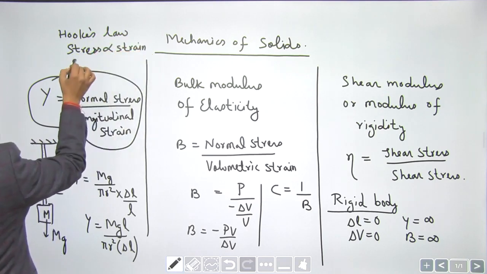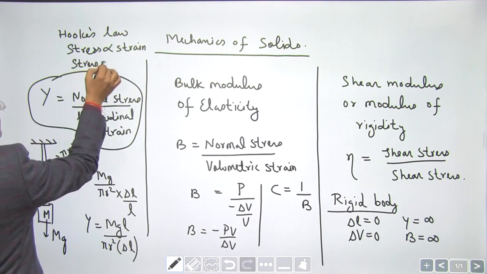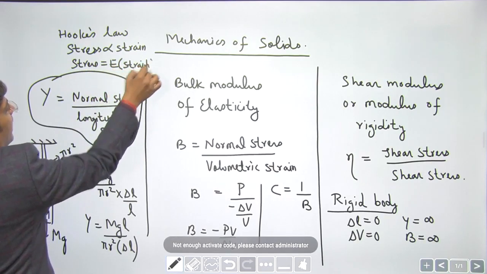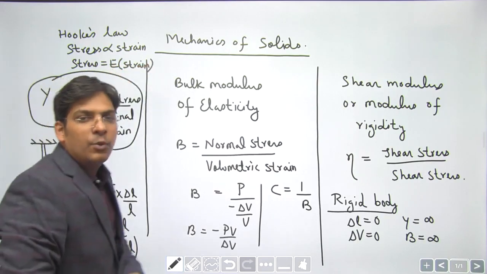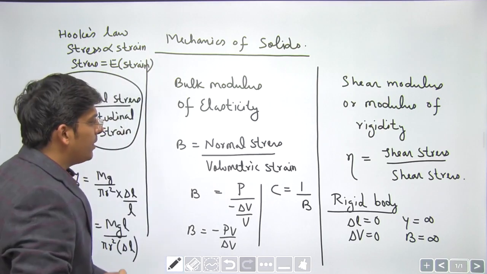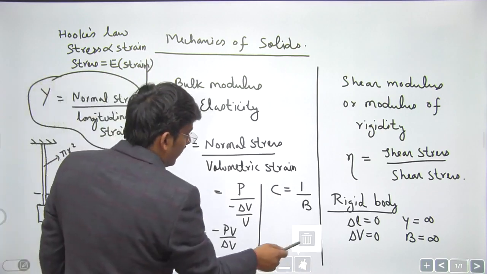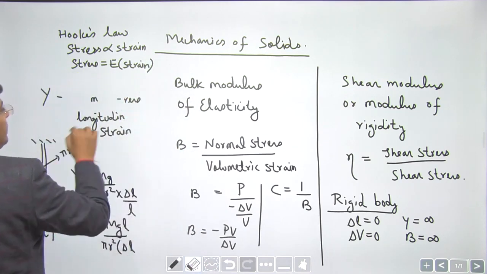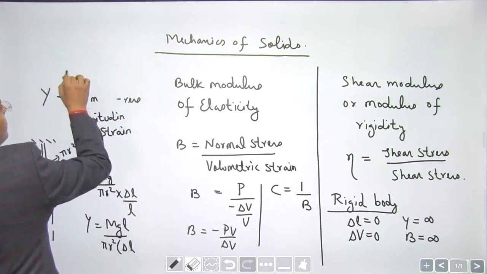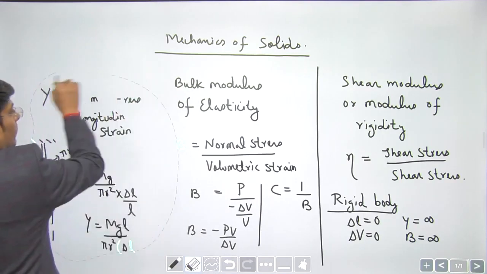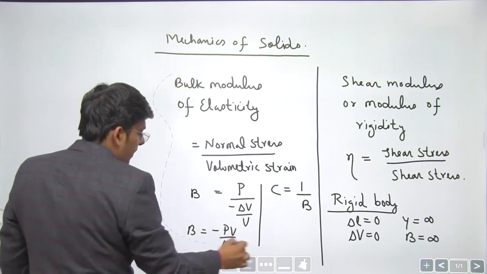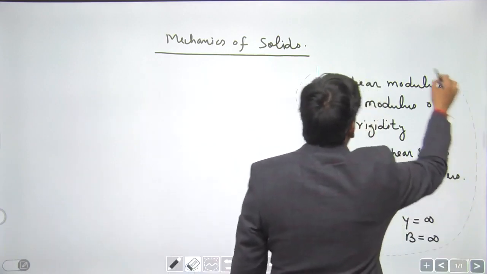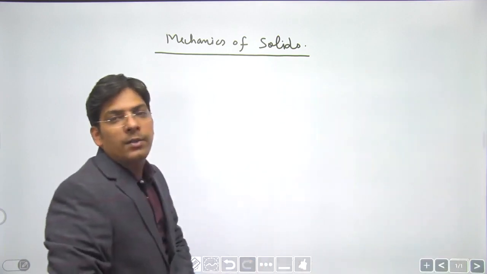So when we remove the proportionality sign, we get modulus of elasticity as a constant, right? And obviously we have discussed the types of modulus of elasticity. Kindly note down, dear students. This was Young's modulus of elasticity, bulk modulus of elasticity, then modulus of rigidity, or we call it shear modulus.